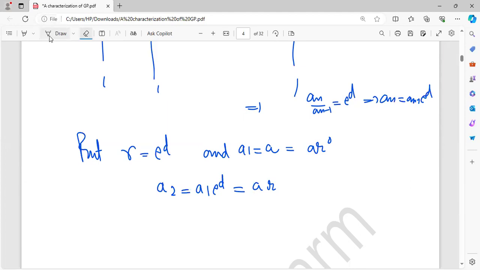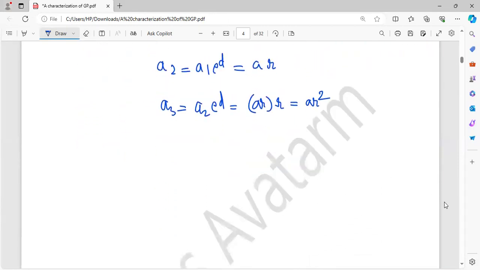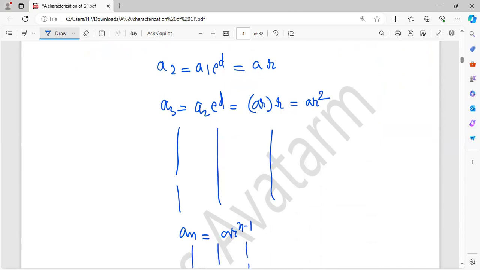What is a3? a3 is a2 e to the power d. a2 is ar and e to the power d is r. Similarly, continuing in this way, an will be ar to the power n minus 1, and so on. So what you got?